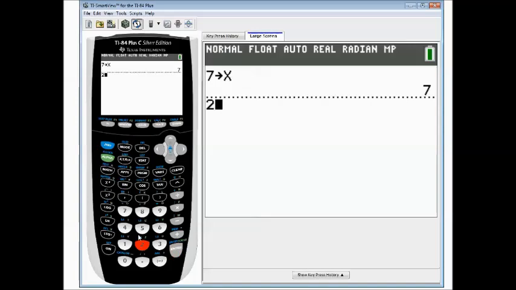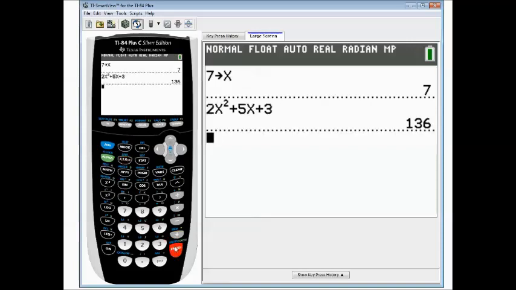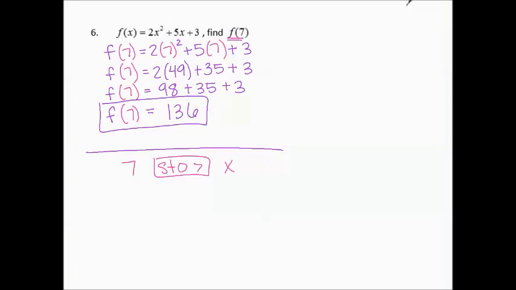And I'm going to type 2x squared plus 5x plus 3, enter, and there's my 136. So f of 7, when we did it on our calculator, we got the same answer of 136.